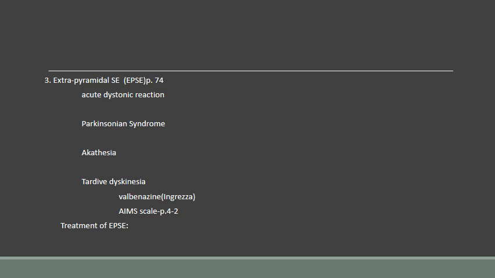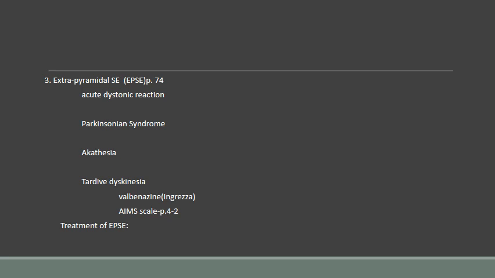But one thing, I have the AIM scale written down there as well. That AIM scale is very important to do with people that are started on typical antipsychotics, because the AIM scale goes through and looks at muscle twitching, muscle tremors, and we really are trying to detect any type of tardive dyskinesia at the very, very beginning stages, so that we can either discontinue the medication or possibly treat it with this new medication.